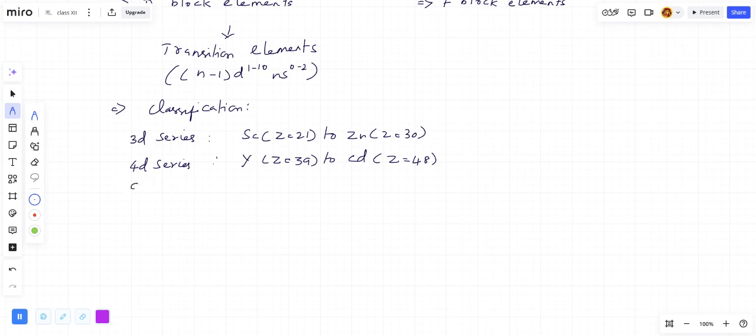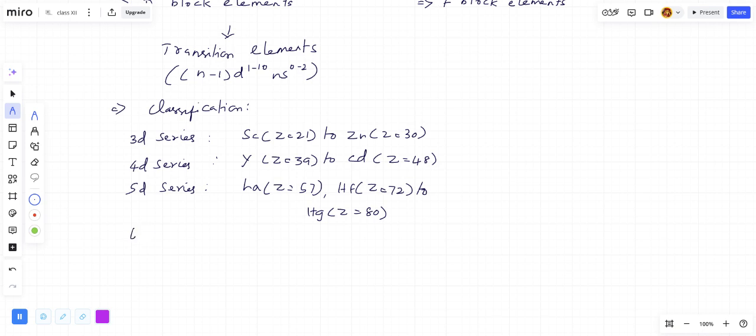Then the 5D series starts with lanthanum, atomic number 57, then hafnium, atomic number 72, to mercury, atomic number 80. So all these are the 5D series.